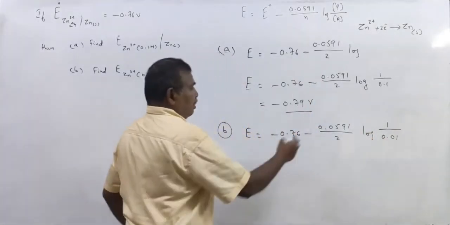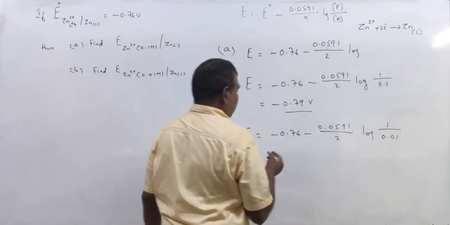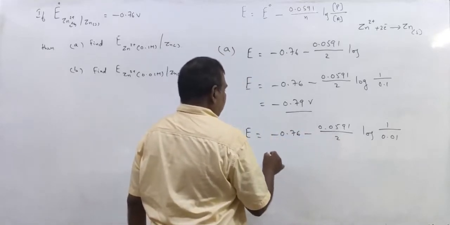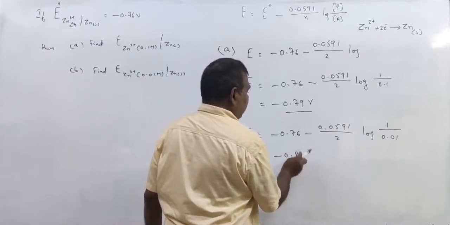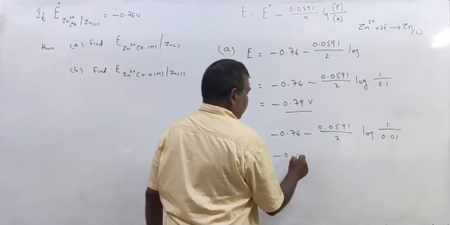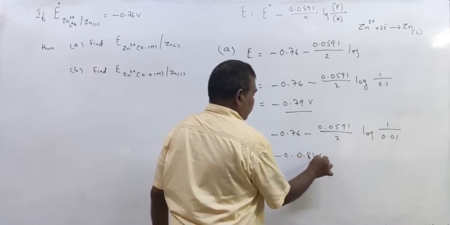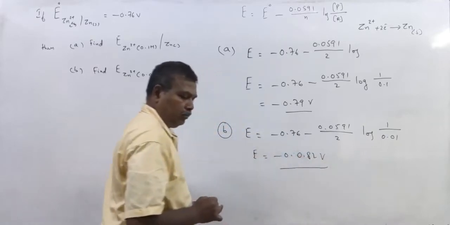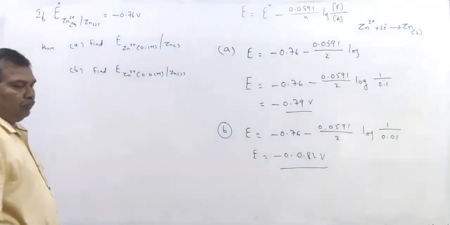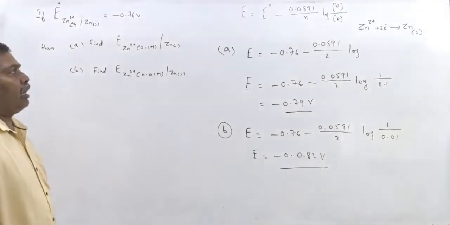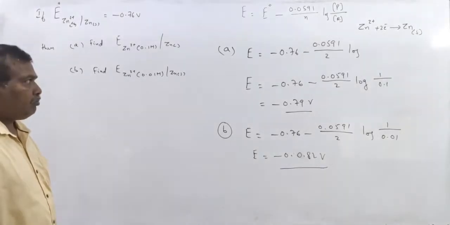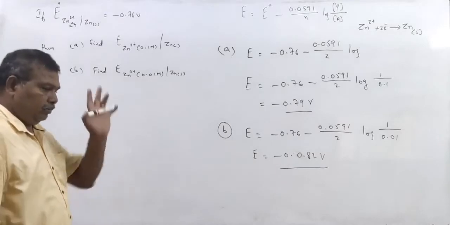So therefore take it as 0.06, then it is minus 0.82 volts. Okay, so this is how to calculate electrode potentials according to the Nernst equation.